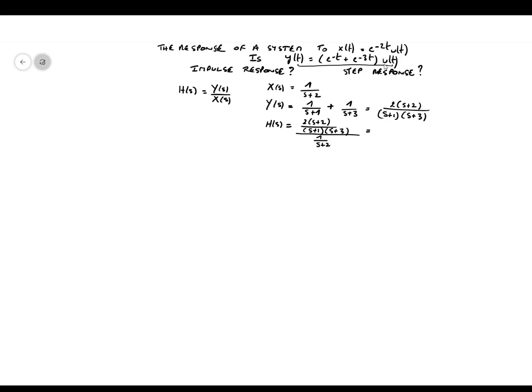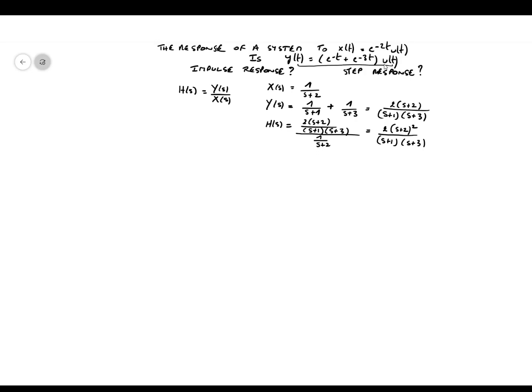So this is 2 times s plus 2 squared over s plus 1 s plus 3. Okay, so this is the transfer function, and it's the characteristic of the system. And now we can start answering the question.